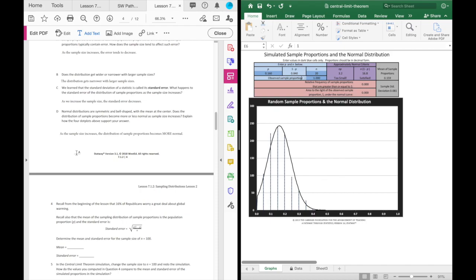This is a really, really important fact. This is saying that as our sample size gets bigger and bigger, everything looks more and more normal.